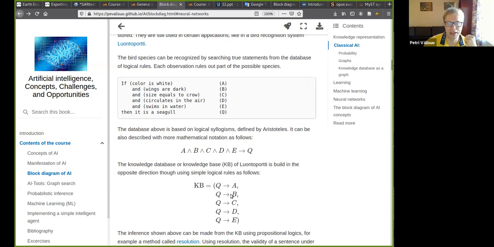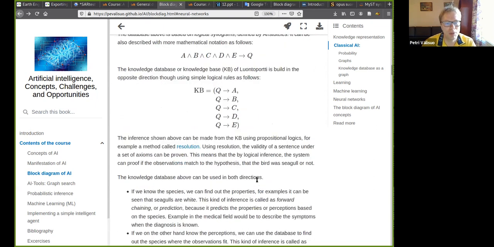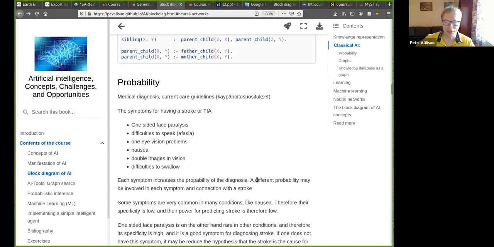So the probability that the seagull has dark wings is something like 70%. And then if you add uncertainties in these implications or the logical rules, then you can extend it to be applicable in a larger scale of problems. And this is exactly how the doctors have done, but that is not the best choice either.